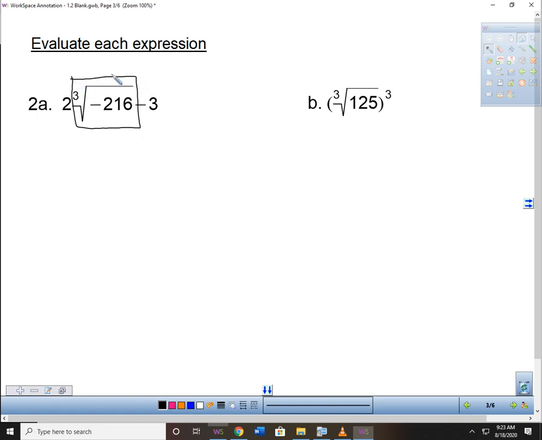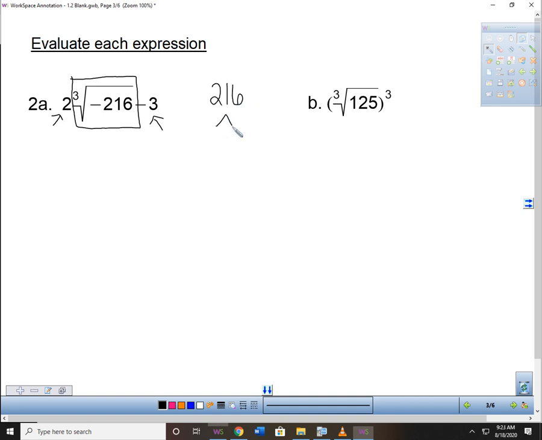You want to get rid of the root and just come up with whatever the cube root of that is. So the 2 and the minus 3, you're going to use those when you get done. Is everybody with me? So let's focus on this negative 216. Now you already know that the cubed root of a negative is going to come out to be negative. So let's just focus on the 216.